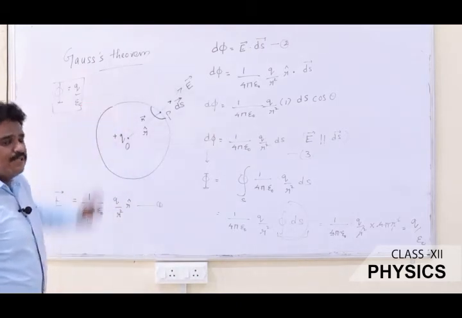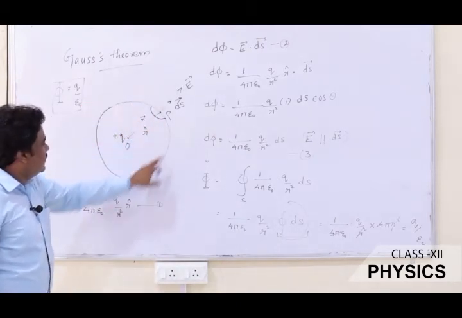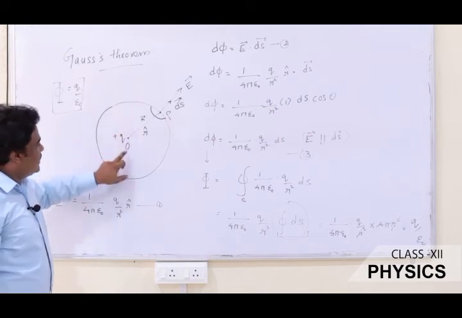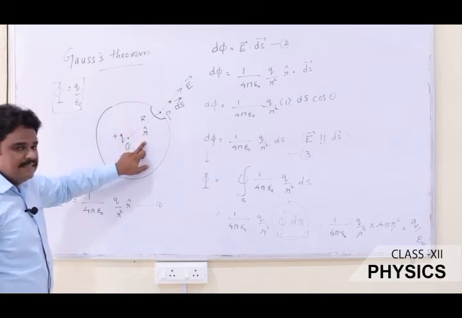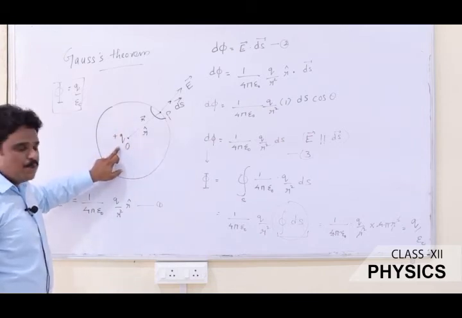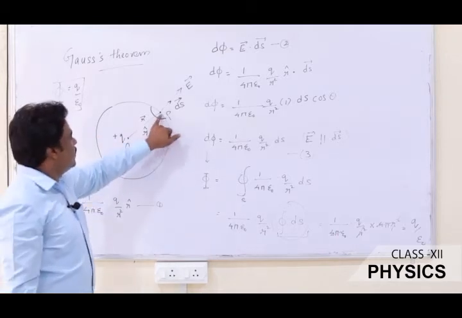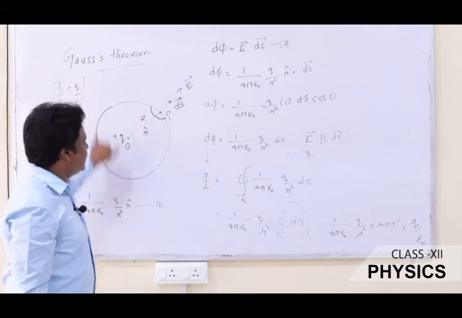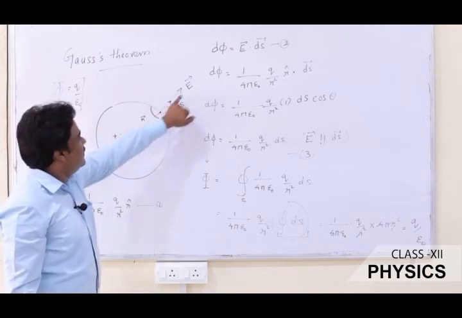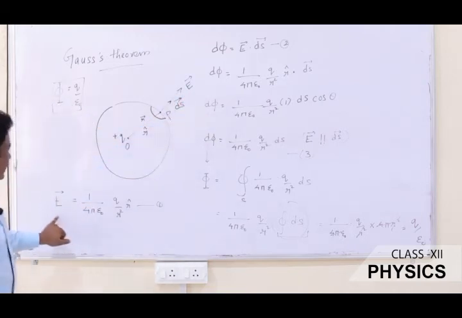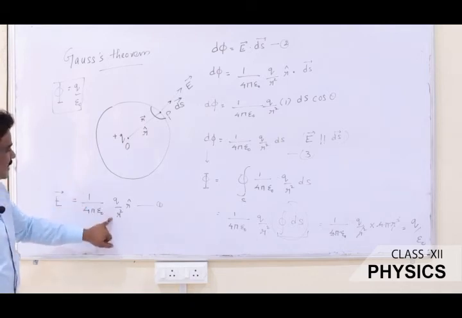In order to prove Gauss theorem, we considered a sphere with center O, radius r. Let a positive charge plus q be placed at the center of the sphere. Number 2, I consider a point P on the surface of the sphere where the electric field intensity is given by E is equal to 1 by 4 pi epsilon naught q by r square r cap.